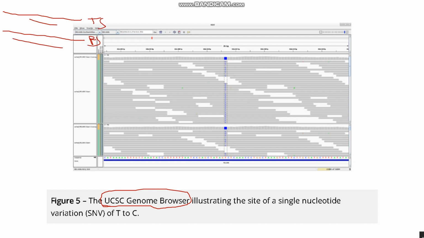We compare it, and as we check, the whole sequence is aligned well, but there is a mutation. Wherever there is a mutation, there is a different color. There is a C.